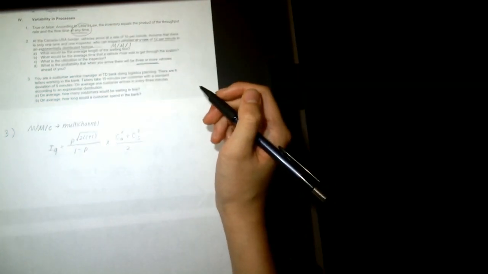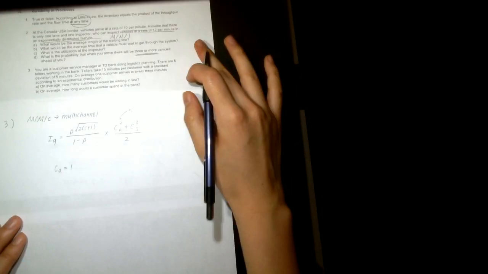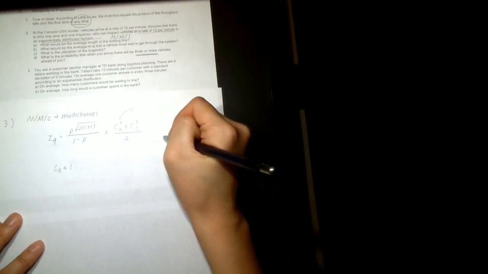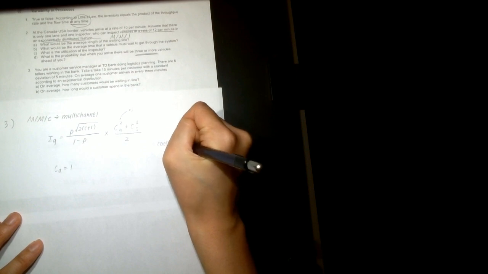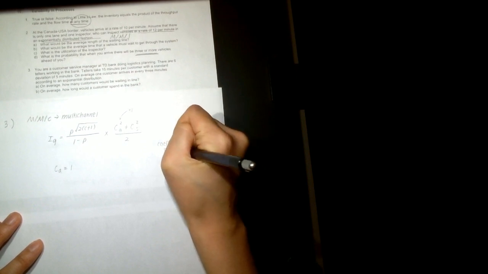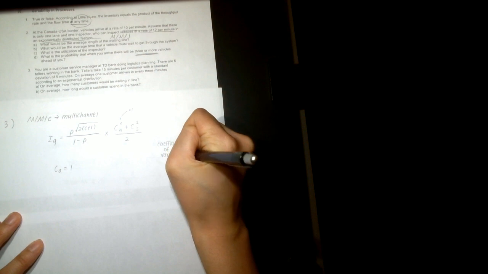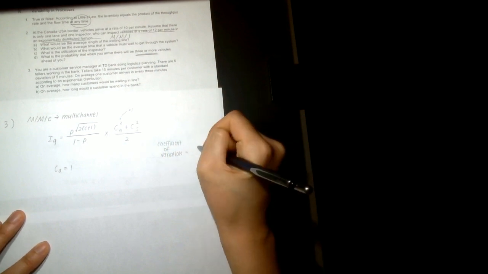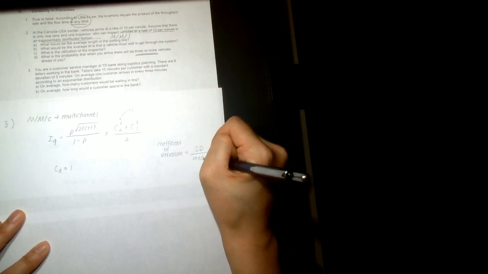Okay, so since the arrival rate is exponentially distributed, we know that CA equals 1. And the coefficient of variation formula is just the standard deviation over the mean.